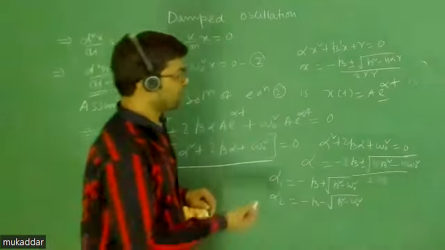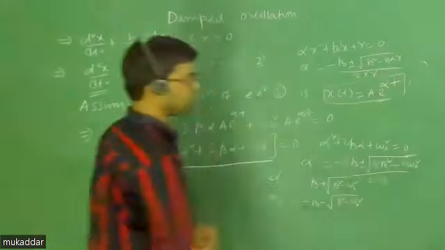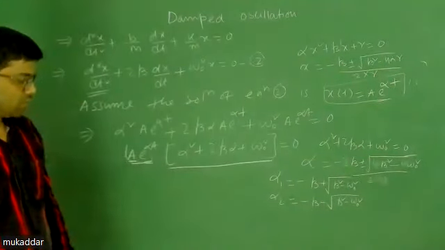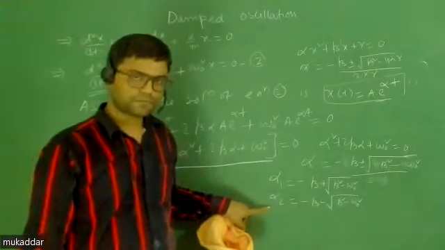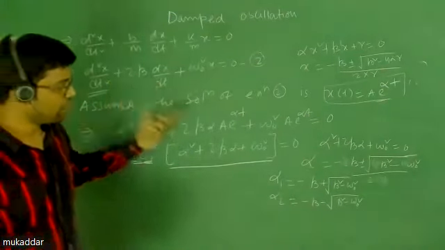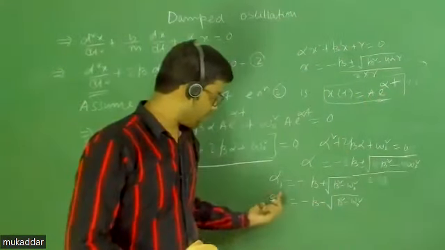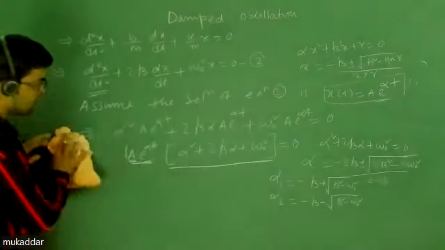Now I'll get the general solution of the differential equation. So I have basically two roots here, alpha 1 and alpha 2. This is your differential equation. You have assumed that the solution is that. But when you are substituting, you are getting two roots, alpha 1 and alpha 2. So what will be the solution actually?